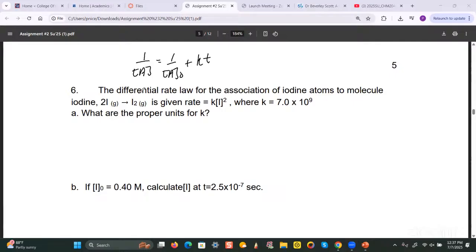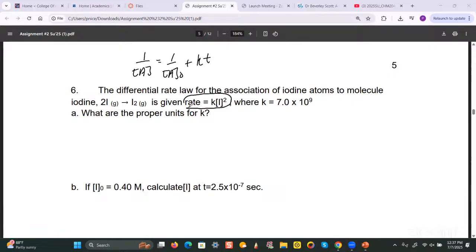So the question says, it's talking about the rate law for the dissociation of iodine. Well, that's weird. Something is not right here. Oh, it's right. Okay. So it's not dissociation, it's the reverse. It's the association of iodine atoms to iodine molecules. And the rate law is given as this, right?